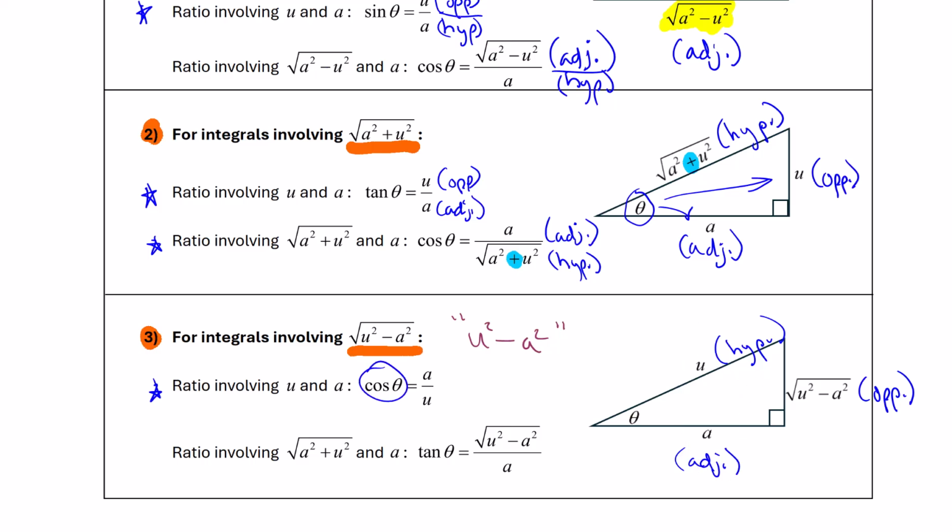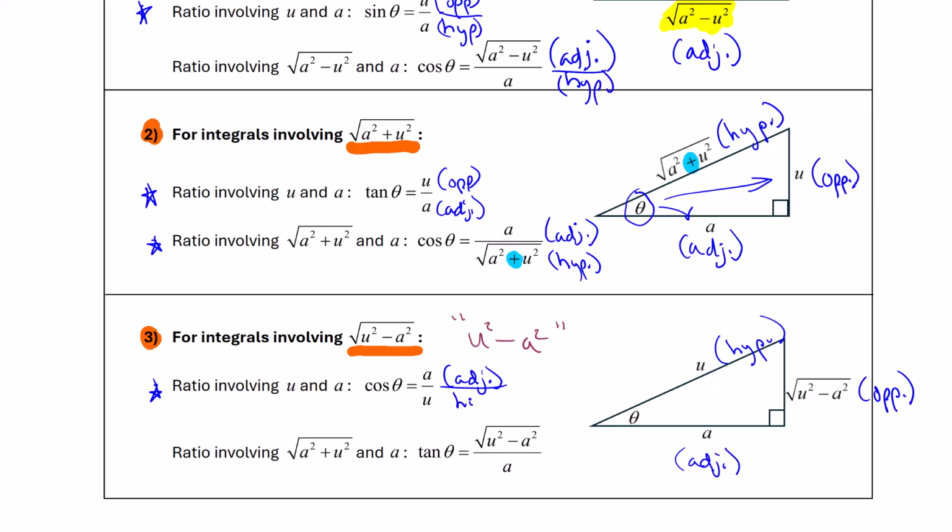So we only have an option for that known as cosine theta. Again, if theta is our angle labeled in the bottom left corner, then cosine of that angle is equal to the adjacent, in this case a, which I'll label here again in our little ratio. A is the adjacent side, over the hypotenuse, for CAH TOA. So CAH TOA: adjacent over hypotenuse.